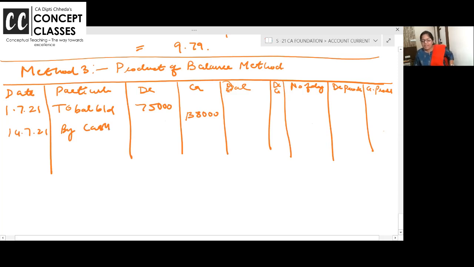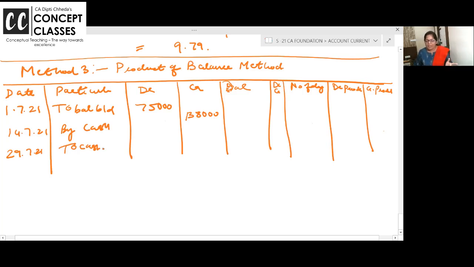You are having a debit balance in the current account, and the bank has received cash. You deposited cash in the bank, so the bank is saying cash account debit, this party's account credit for the deposit. Next entry is on 29th July, withdrawal by cash.